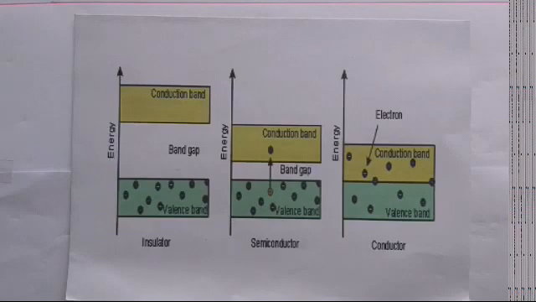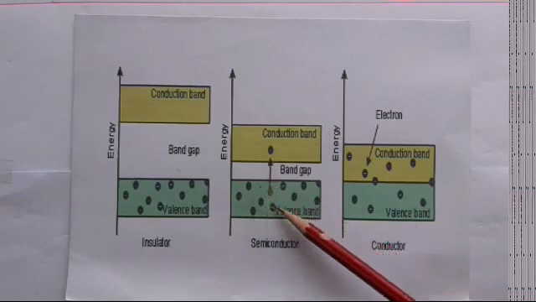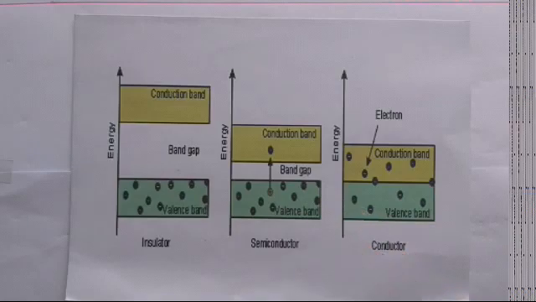So next, substances like silicon and germanium show this type of behavior and are called intrinsic semiconductors. The conductivity of these intrinsic semiconductors is too low to be of practical use. Their conductivity is increased by adding an appropriate amount of suitable impurity, which is added to this valence band.